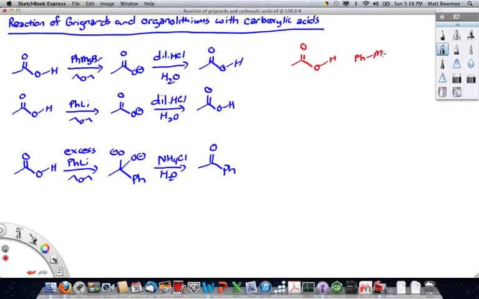And so the carboxylic acid protonates the Grignard, and you get the carboxylate.